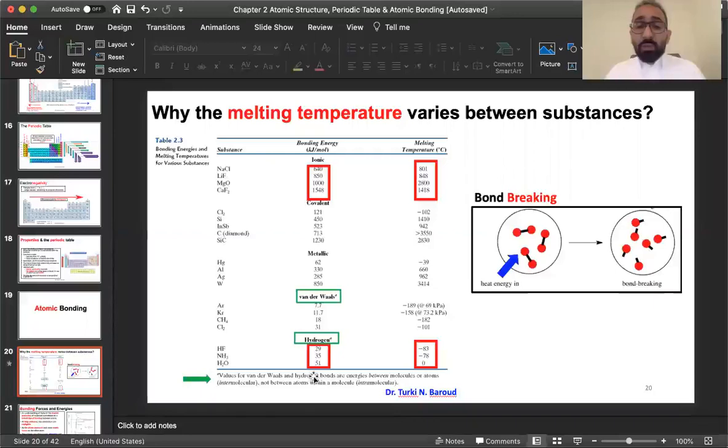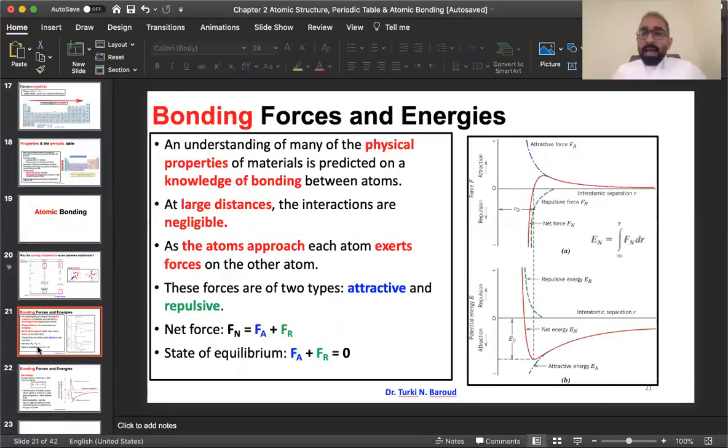So this 51 does not represent the bonding energy between the H and O inside the molecule. I hope that is clear. But great, as the bonding energy gets stronger, it is going to be very difficult to break the bonds.